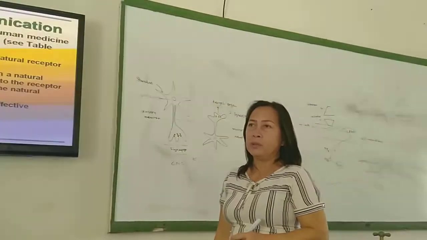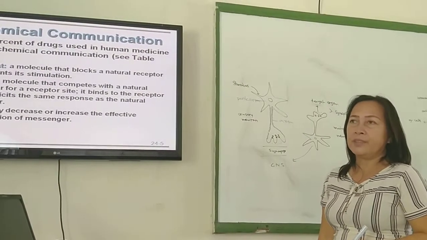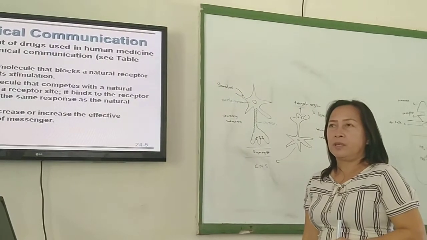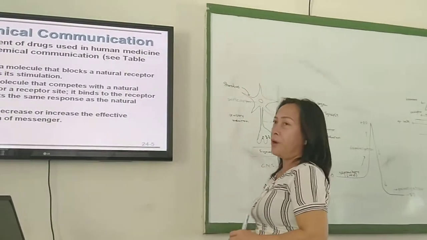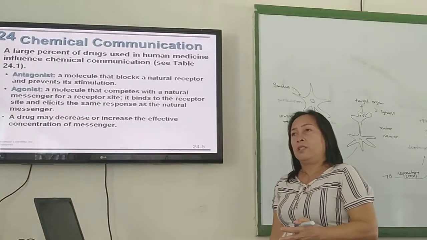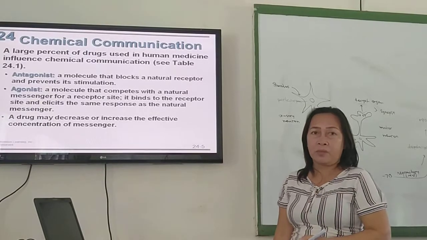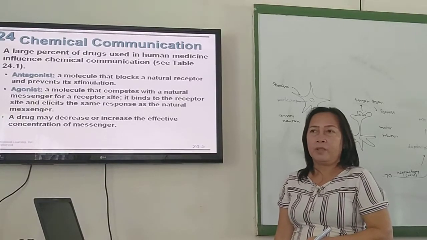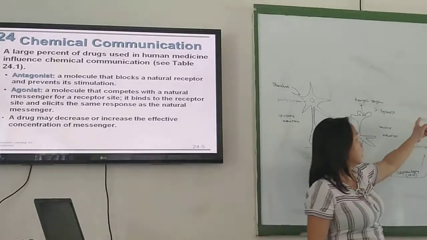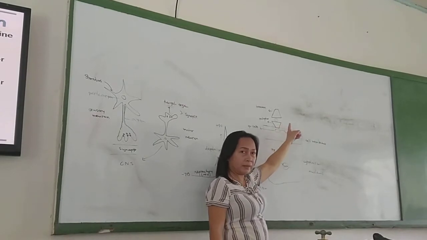Now, this antagonist is actually used in pharmaceuticals. Say you have a disease caused by a certain microorganism, and the pharma companies study the structure of the substance produced by this microorganism, say a certain protein, and it has a receptor in your body cells.